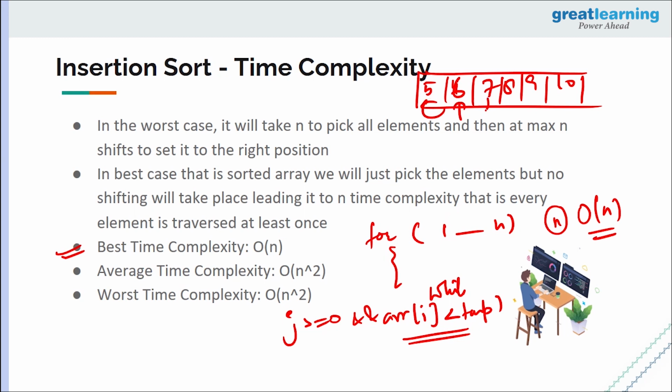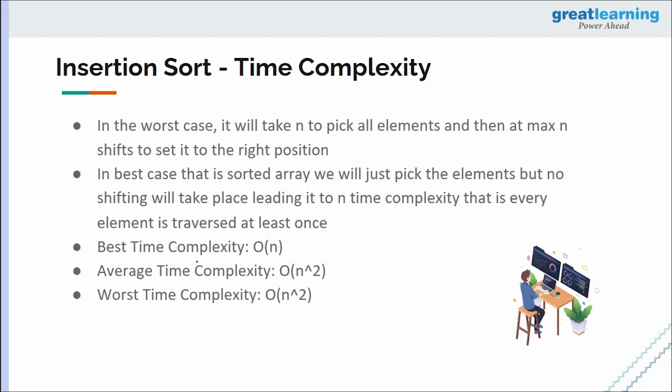No, it is not. If this 7 is less than 6, no, it is not. So this condition will always be false for all the elements. In a nutshell, we are just checking these steps only once in every iteration. So the whole time complexity in the best case will be big O of n and not big O of n square.